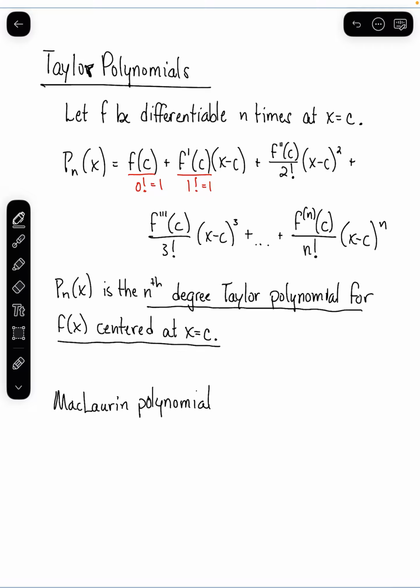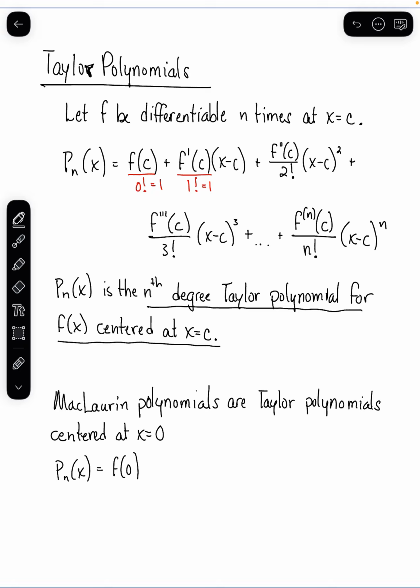A Maclaurin polynomial is exactly the same, but it is centered at 0. Therefore, a Maclaurin polynomial is of the form f of 0 plus f prime of 0 times x minus 0, or just x, plus f double prime of 0 over 2 factorial times x minus 0, or just x, squared.